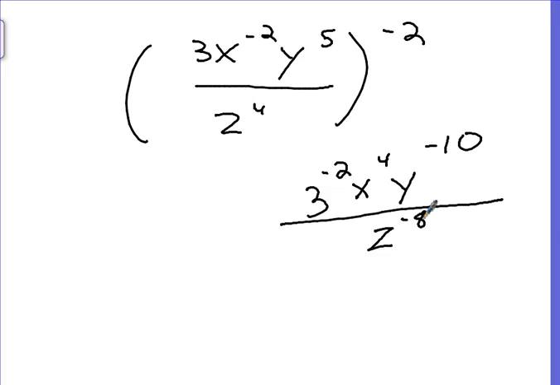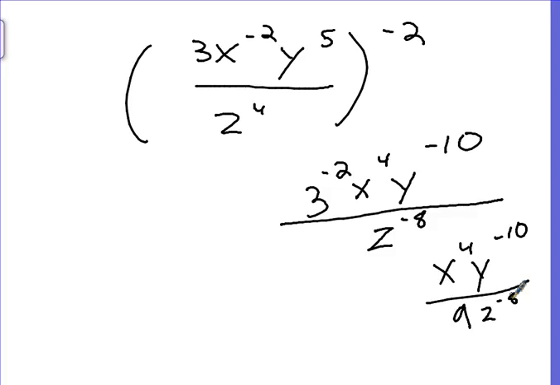It's not quite done yet, though. There's one part of this problem that we need to take care of: the negative 2nd. We've got to take care of 3 to the negative second, because we cannot leave that one like that. We can leave y to the negative 10th, but we cannot leave the 3 like that. So you've got to flip it again. So it's x to the 4th, y to the negative 10th, over 9, z to the negative 8.